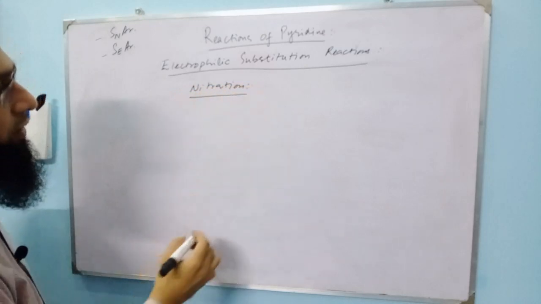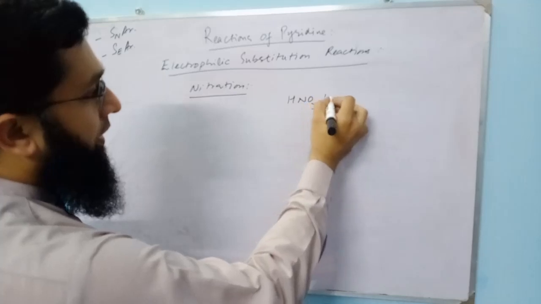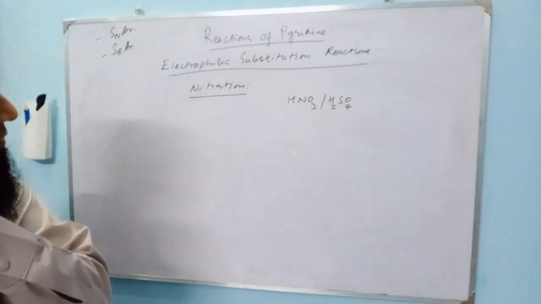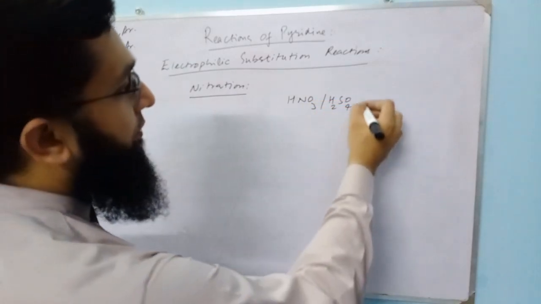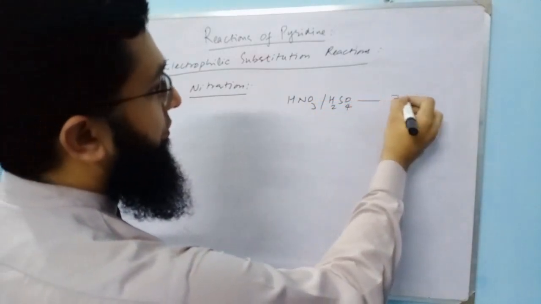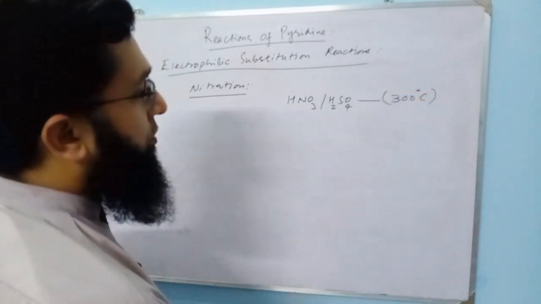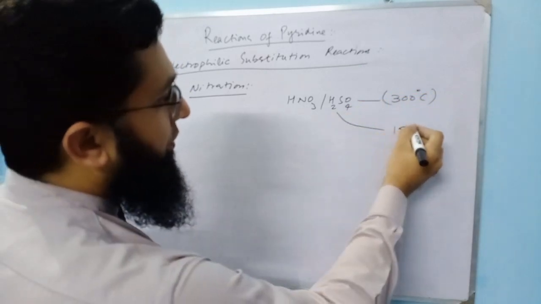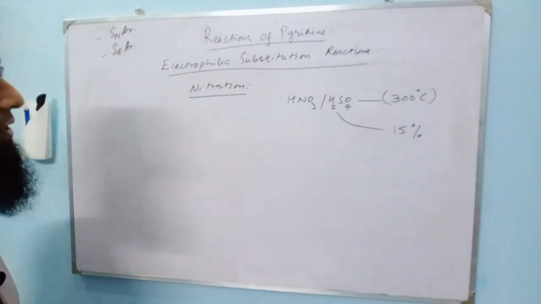In general, nitration can take place in the presence of nitric acid and sulfuric acid, and this reaction requires high temperature, for example 300 degrees centigrade, and generally it is also low yielding, and only 15% of product is formed under these harsh conditions.